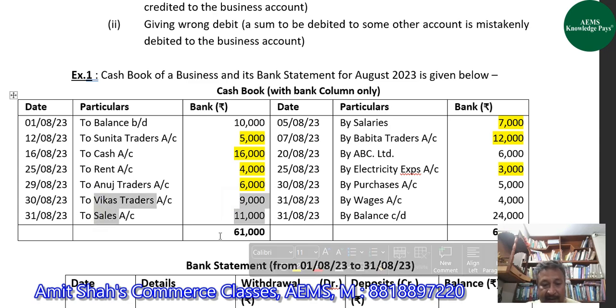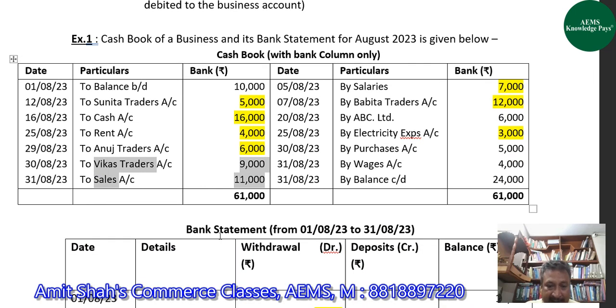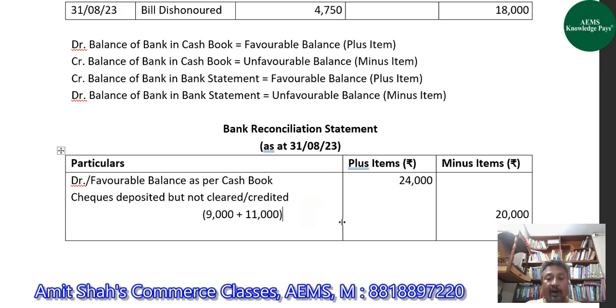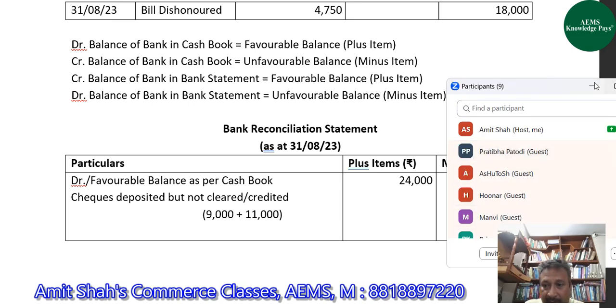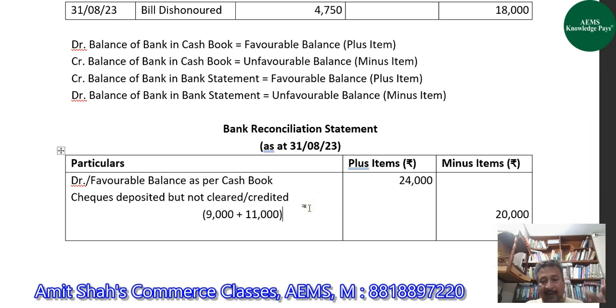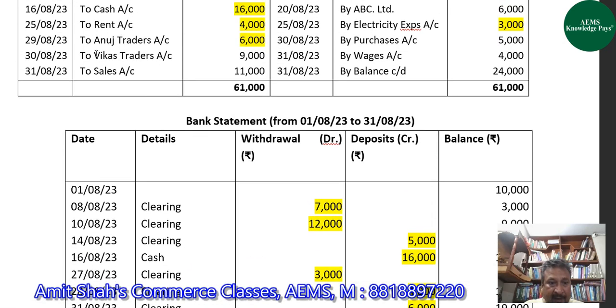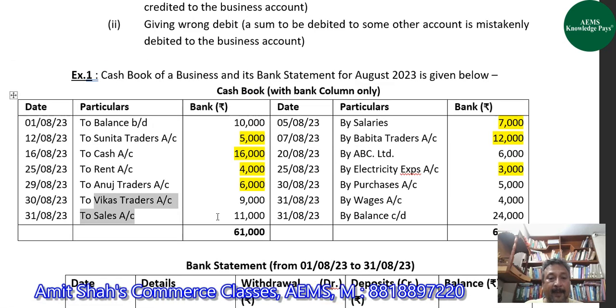That we have already done, so we do not need to do it again. We are simply making a separate statement to know why there is a difference and to make a bridge between the two balances. Have you understood it, Aryan, now? Yes, sir. Income we have already credited. Because we credited it, it is coming in our cash book. If we had not credited it, how would it have come in our cash book?